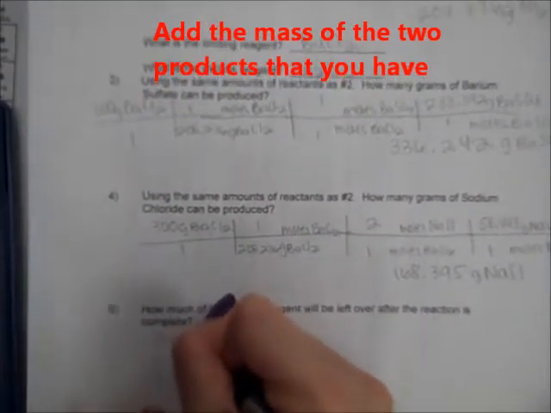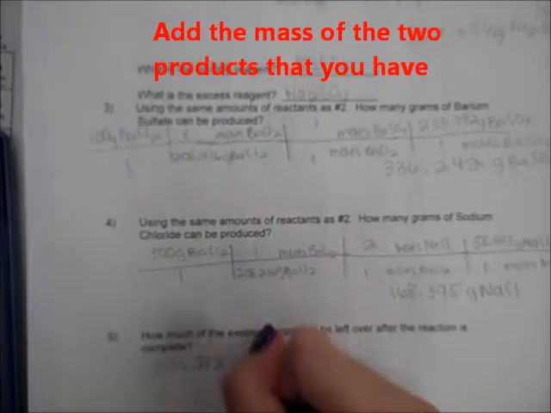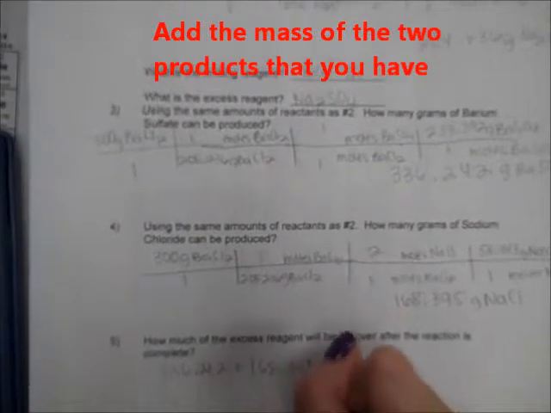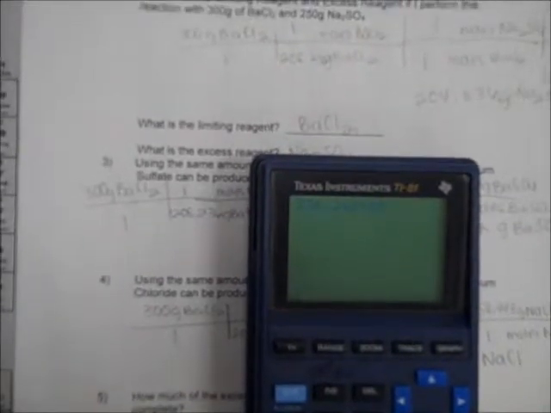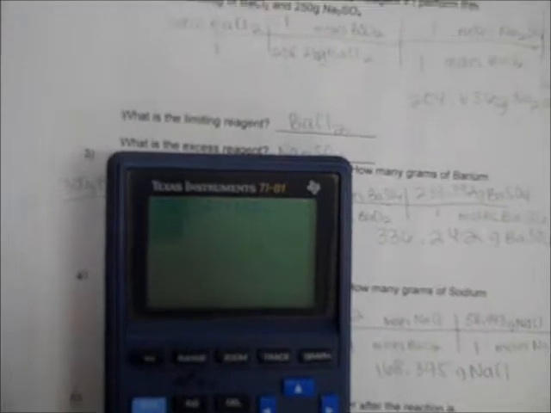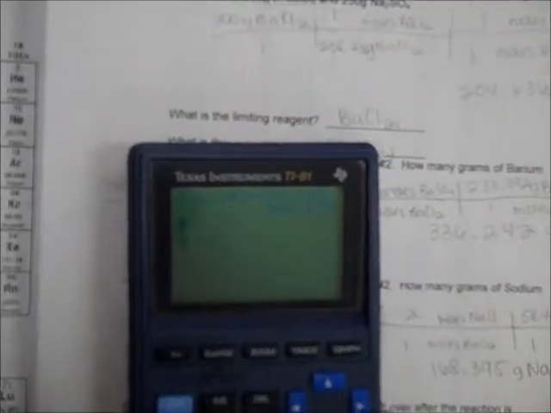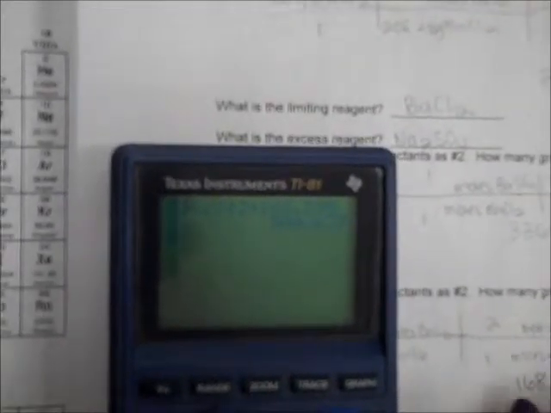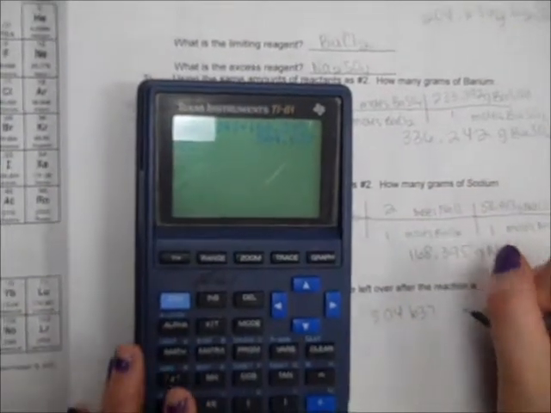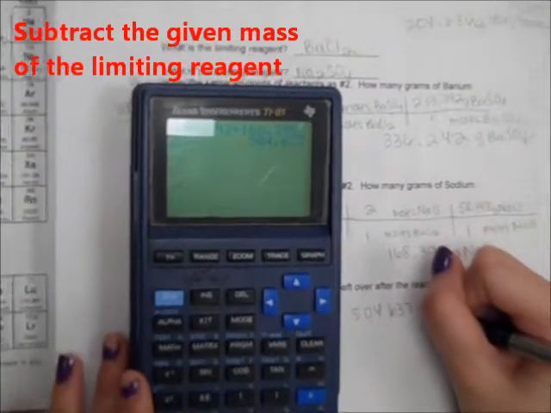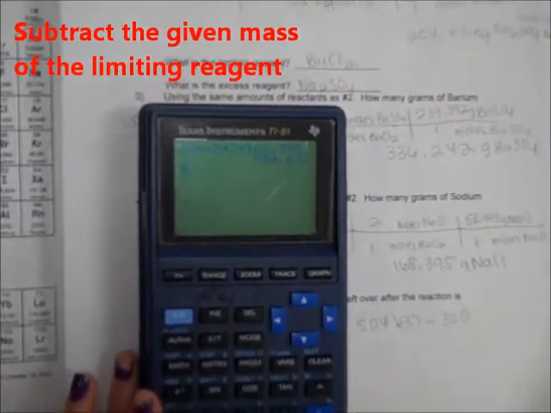To find how much excess reagent will be left over, you have to add the two products that you had, 336.242 plus 168.395 equals, plug that into the calculator, which is 637, and you have to subtract the limiting reagent, which is 300, and you plug that in the calculator.